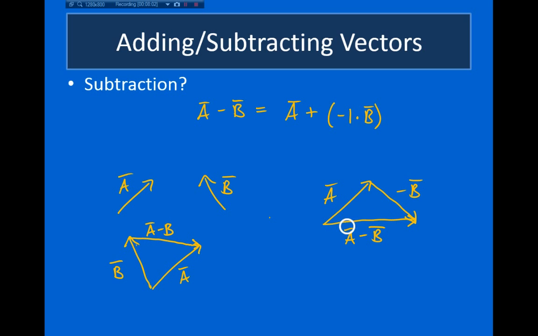In fact, I can see that if I draw vector B over here, that's going to look like this. Right, if this is minus B, this is B here. And now we can see that this is also going to be A minus B. Okay, and in fact, we can see that this forms, had I drawn this a little bit better, a little parallelogram.